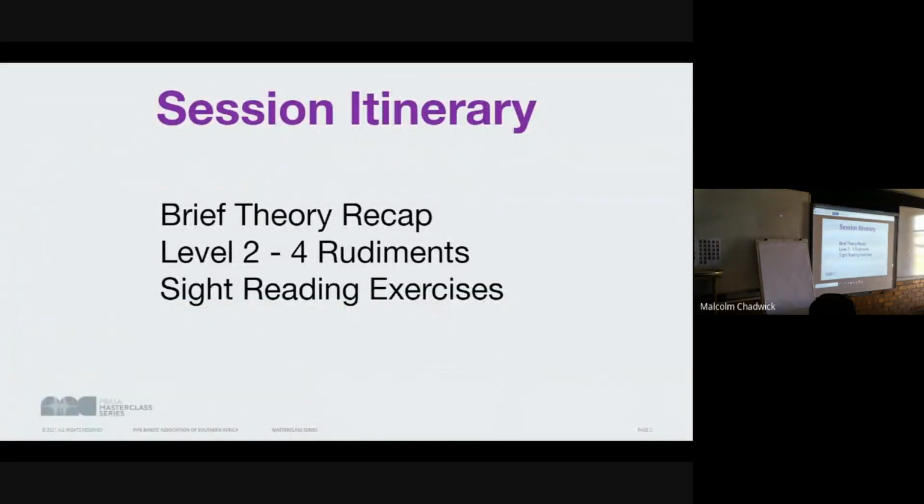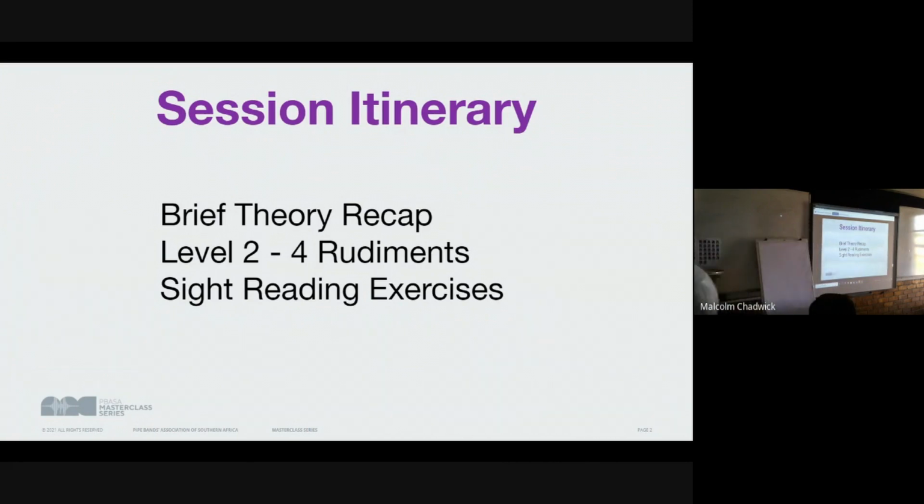I made this presentation last year, when we were all online during COVID, so this is the same session. If you were here last year, you would be familiar with this.